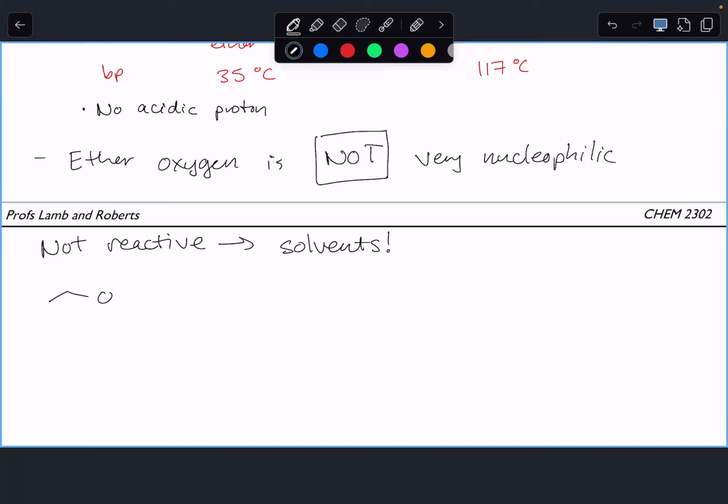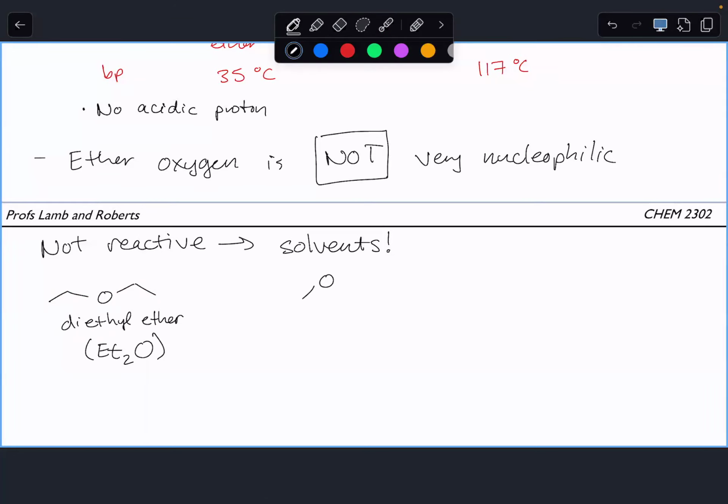So for example, diethyl ether. Diethyl, because there's an ethyl on this side and an ethyl on this side, and there's an ether in the middle. You will often see this abbreviated as Et2O. So diethyl ether.